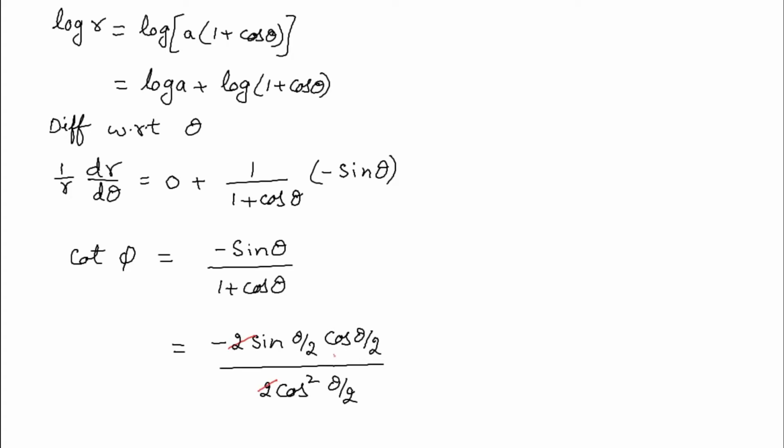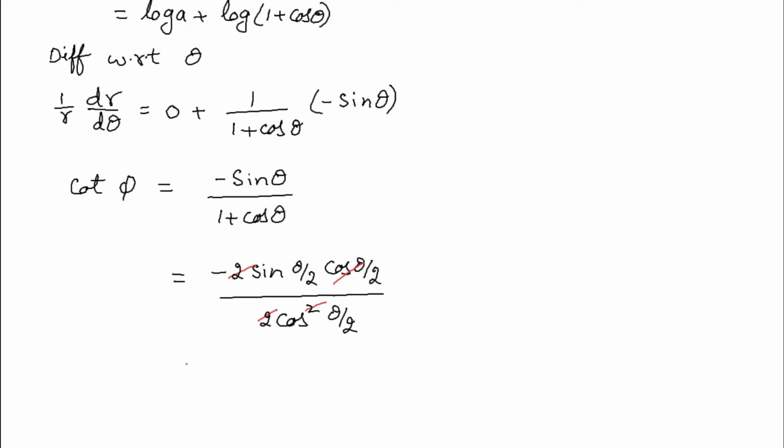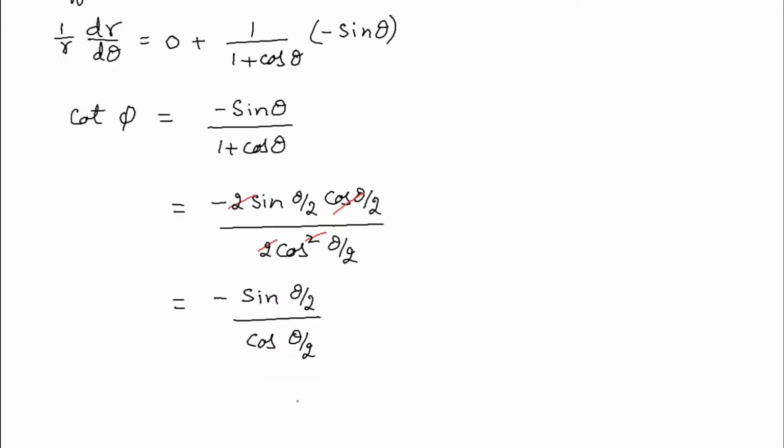One cos theta by 2 will cancel out from the numerator as well as from the denominator. So you'll be left with minus of sine theta by 2 whole divided by cos of theta by 2. That will be equals to minus of sine by cos will be tan, so we'll be getting minus tan of theta by 2.